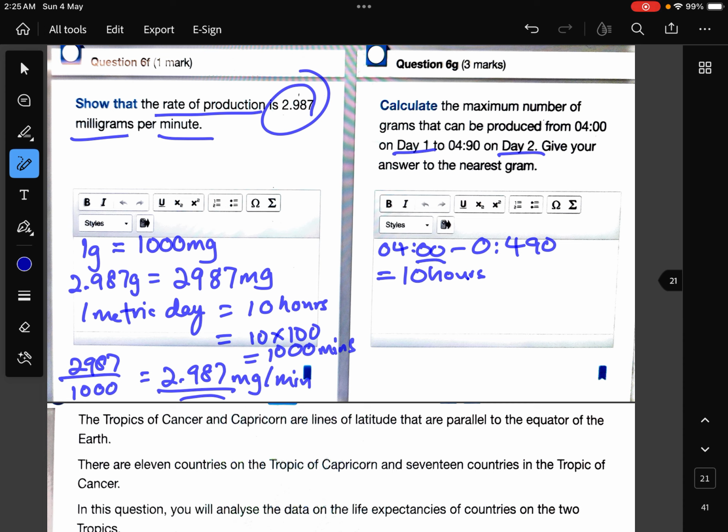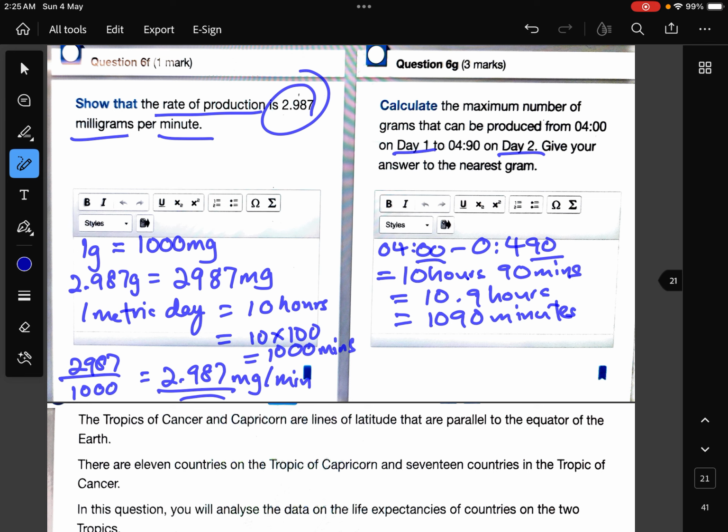Then not forgetting from this to this, we look at 90 minutes, so that is 10 hours and 90 minutes, which is the equivalence of 10.9 hours. Of course, you can convert all this into minutes if you want to. That is fine, but I'm just going to keep it in terms of hours. This is also the equivalence of simply 1,090 minutes. So either one should work in this case.